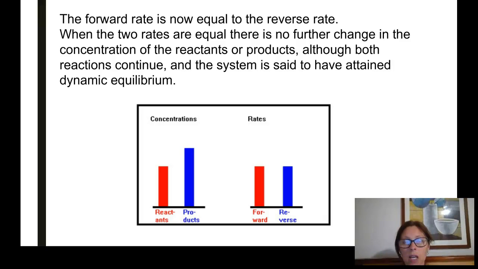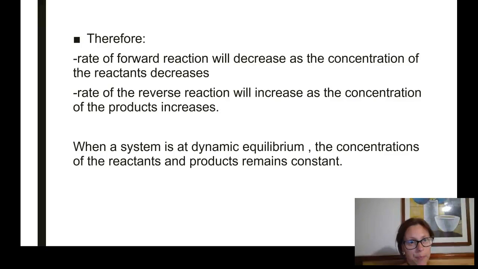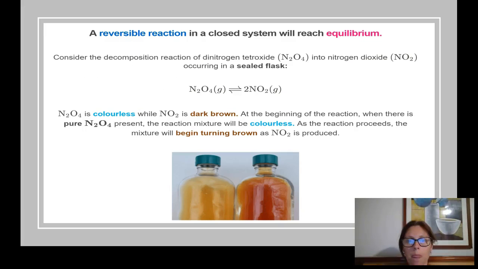And it's now said to have achieved equilibrium. So therefore the rate of the forward reaction will decrease as the concentration of the reactants decreases, and the rate of the reverse reaction will increase as the concentration of the products increases.